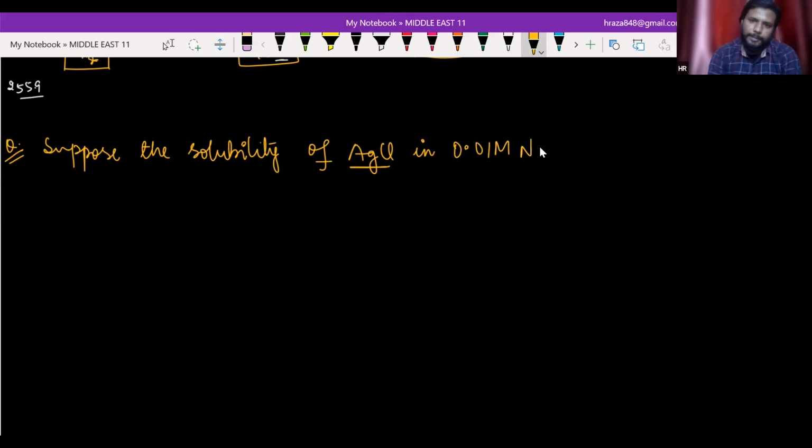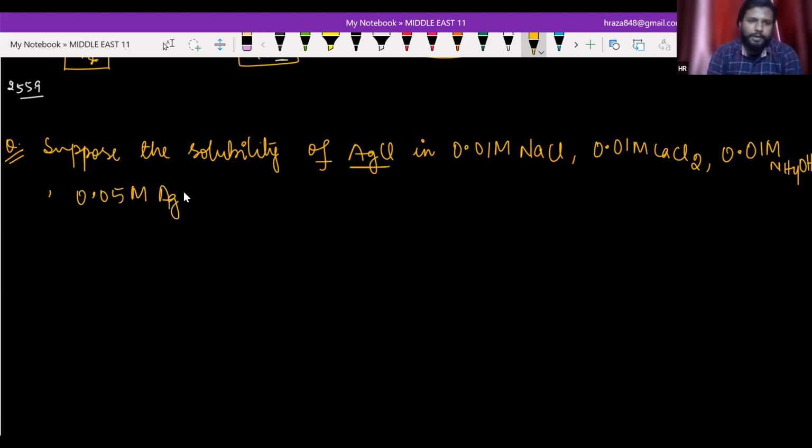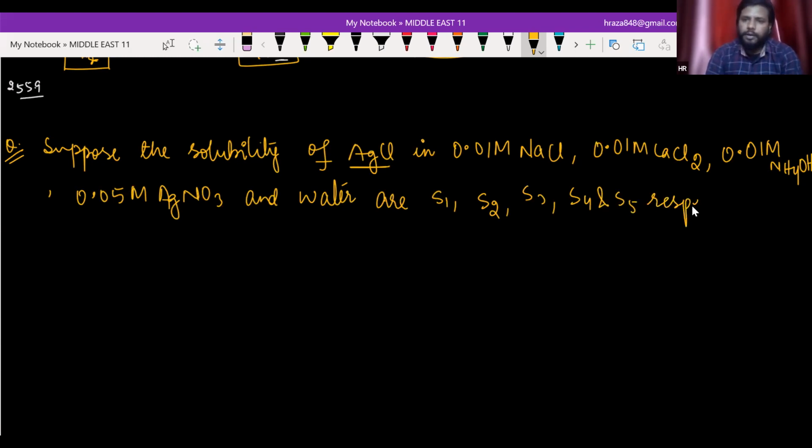Suppose the solubility of AgCl in 0.01 m NaCl, 0.01 m CaCl2, 0.01 m NH4OH, 0.05 m AgNO3, and water are S1, S2, S3, S4, and S5 respectively.